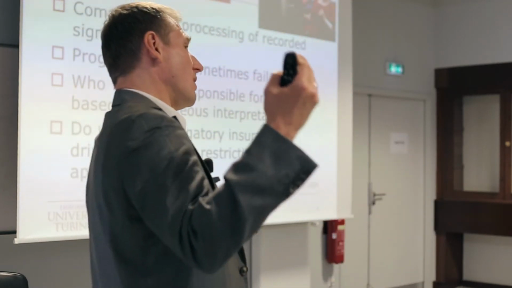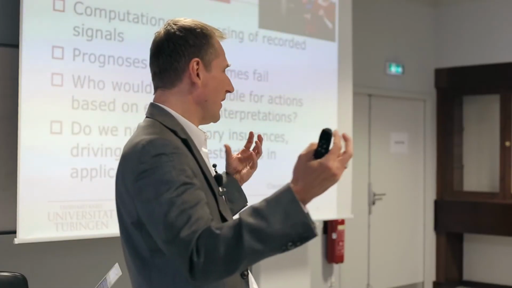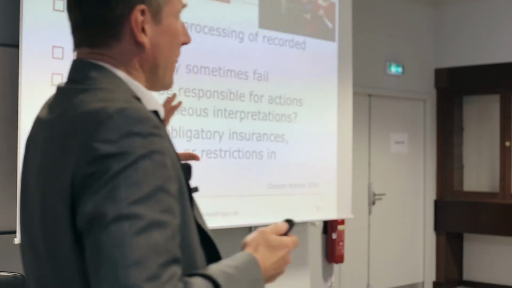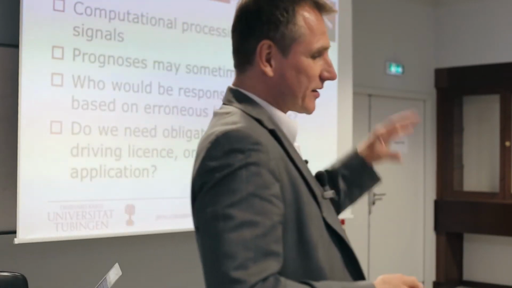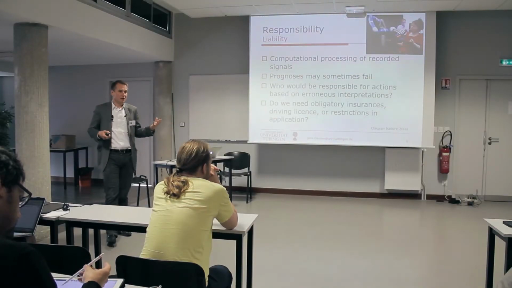But if you're not able to move your arms or legs, you might accept a bit more uncertainty about the prognosis. But we use cars and other dangerous devices, and we have obligatory insurances.